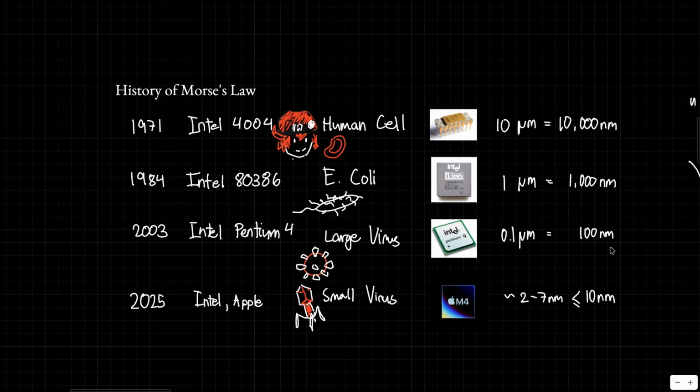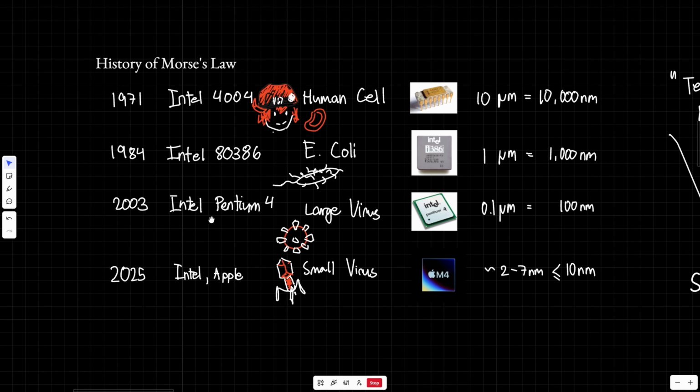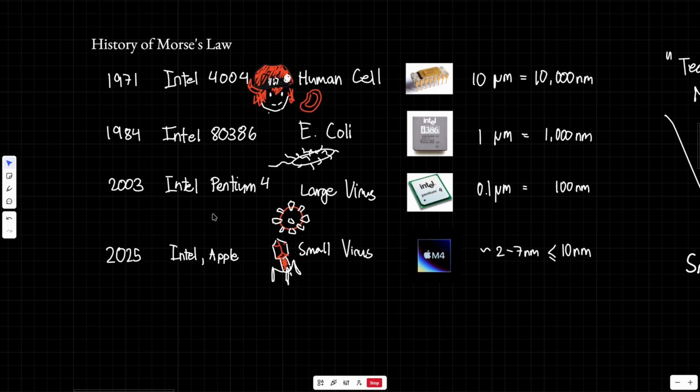It's a very popularly used microchip for very low end computers right now. But for actual modern computers, whatever chip is being produced by Intel, Apple, and other microchip manufacturers, their technology node is around less than 10 nanometers, which is insane.